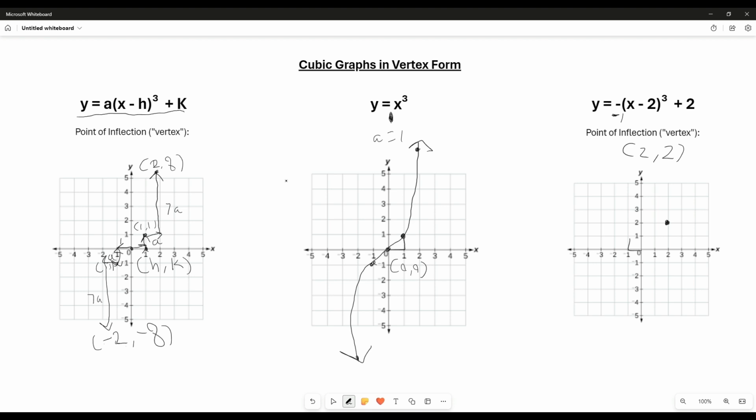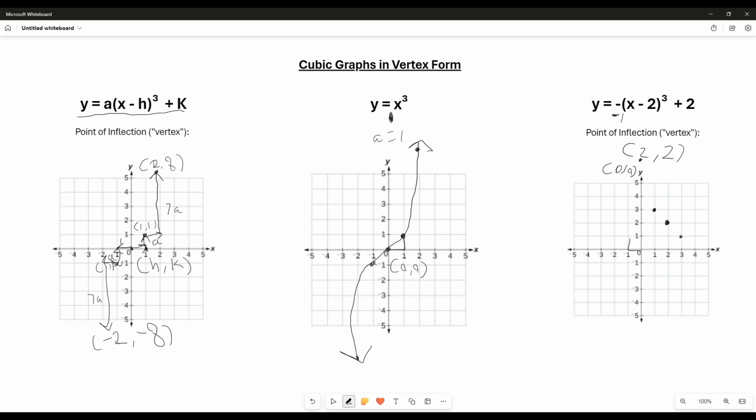So like I said, we're going to be going to the left 1 and up 1, because a is equal to -1. Then we're going to be going to the left 1 from there and up 7a. So we'll be at somewhere up here, and we'll be at 0, 10. Then we have to do the same thing on the other side.